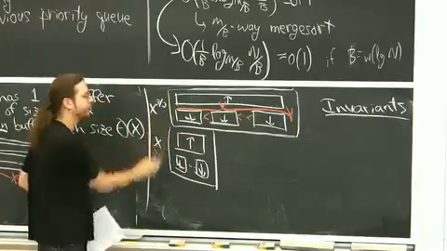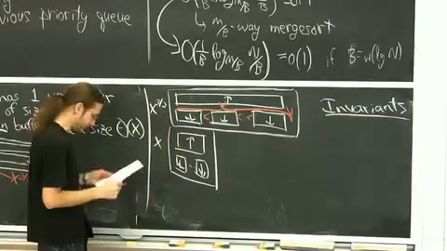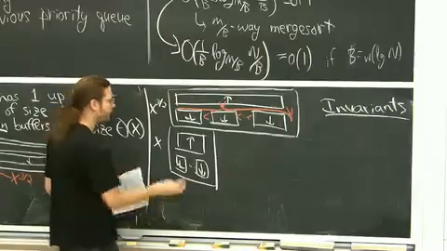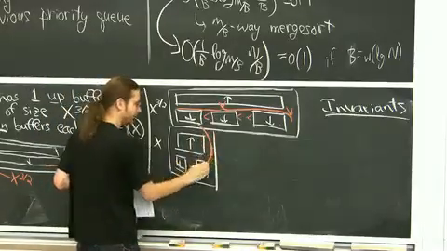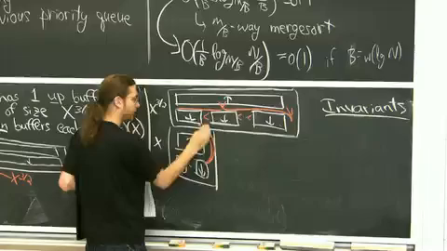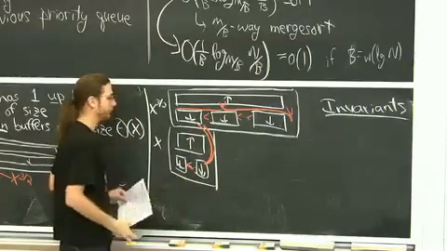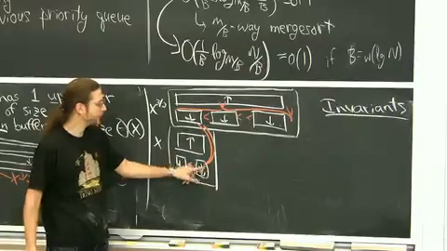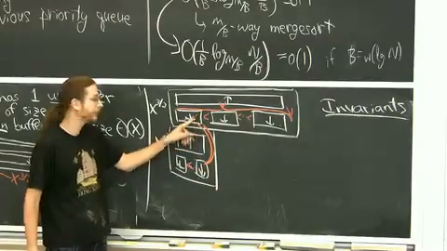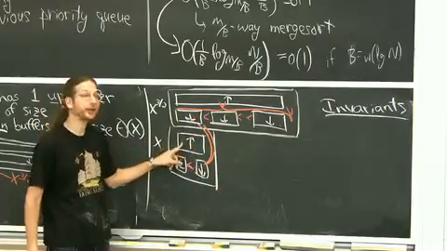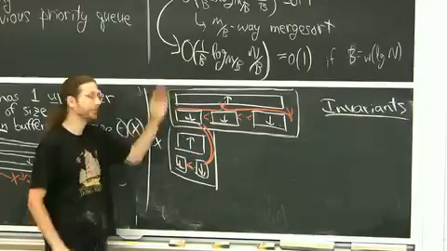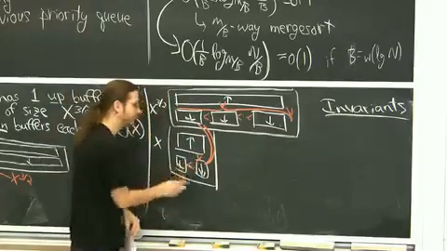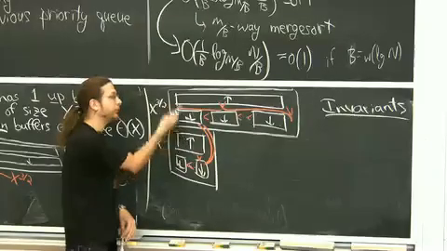Now, what about from level to level? This is a little more subtle. What we know is this. Again, we know that all the down buffers are sorted, and we know that this down buffer, all these items come before all this down buffer's items. But these up buffer items, we don't know yet, because they're still moving up. They need to move up, but we still don't know how far up.